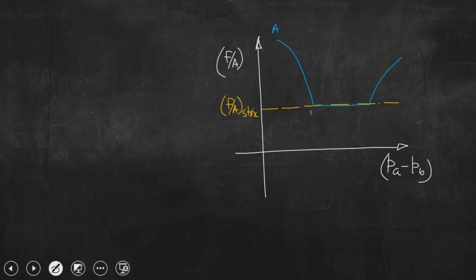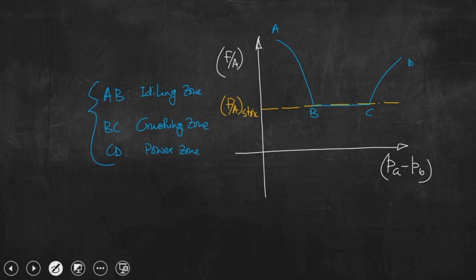So, this is A, this is B, this is C, this is D, and we had seen in the last class this AB regime is the idling zone, BC is the cruising zone, and CD is the power zone.